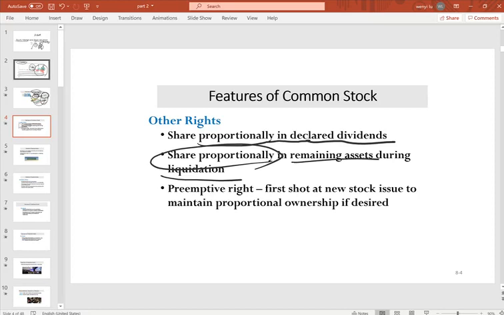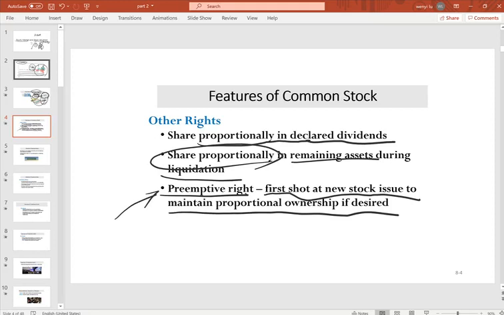And you also have the preemptive right. What's a preemptive right? You may see some questions about this concept in the test. You have a first shot at a new stock issue to maintain your proportional ownership if desired. What does that mean?